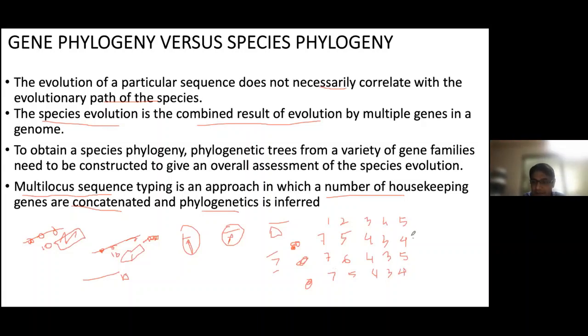So if you find this pattern, you say this is a sequence type X. If you find this pattern, you say this is multi-locus sequence type Y. And if you find this type, because this one is similar, you say this is also sequence type X. So based on the multiple genomic regions, you can create a phylogenetic tree and the sequence type similarity or dissimilarity relationship among the organisms based on the several housekeeping genes.